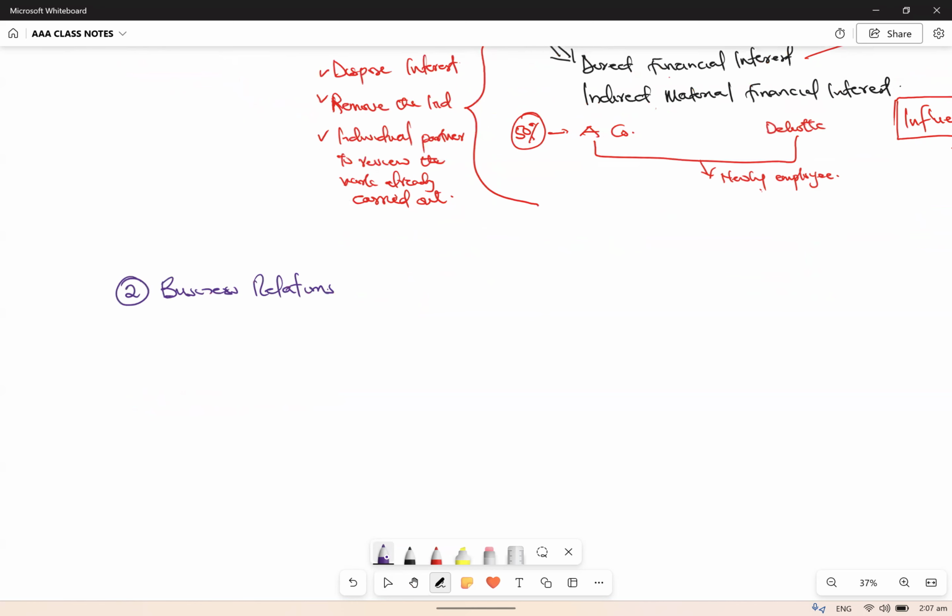Now, we are looking at business relations in so many phases of it. Sometimes the business relation might be that the audit firm and the client have a joint venture. They've come together and they are doing a business. But there are situations whereby their business relationship is a distribution one.